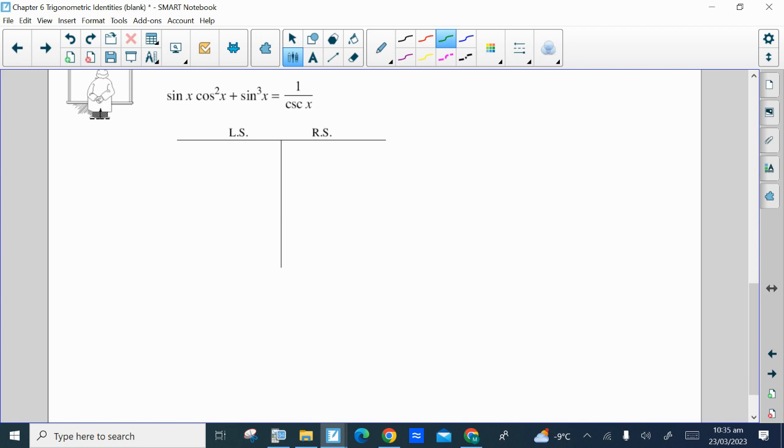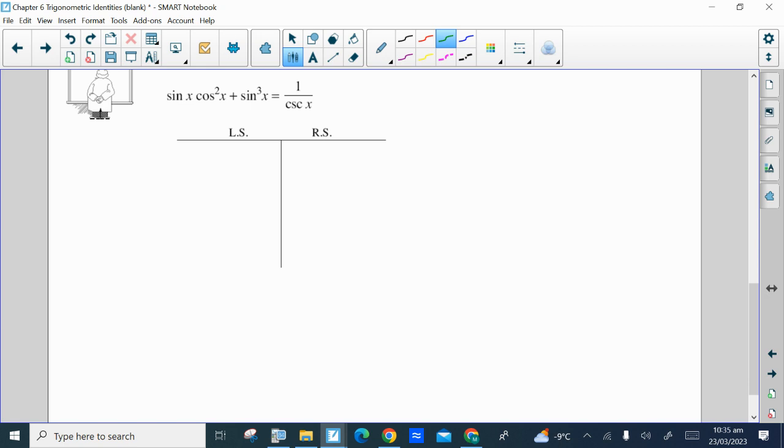So for this next one, we want to show that sine x times cos squared x plus sine cubed x is equal to 1 over cosecant x. So on the right side, 1 over cosecant, well, that'll just be sine. You see, cosecant is the reciprocal of sine.